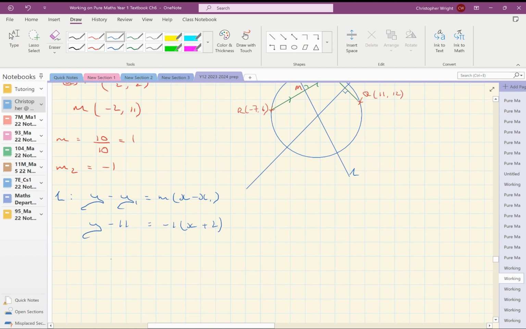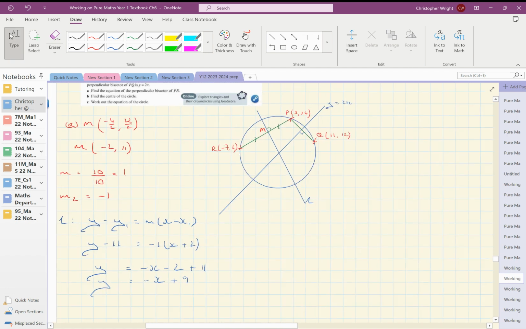So that is minus x minus 2 and then plus 11. So y equals minus x plus 9. That's the equation of L. Let me write that on here. y equals minus x plus 9.